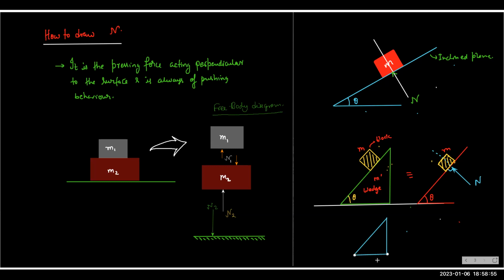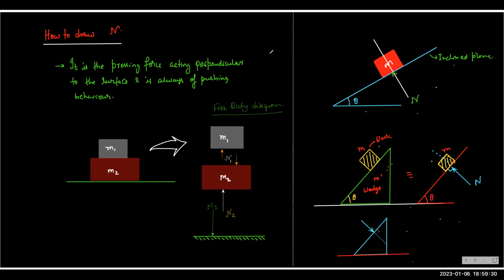Tell me, how many contacts can you see for the wedge? Two. So one is due to the block, correct? And the one due to the block will be acting exactly at right angle. You may extend this line to make it more professional. It's at right angle.